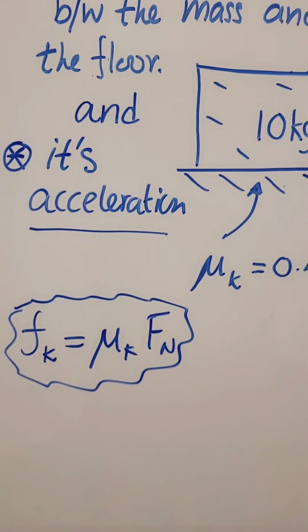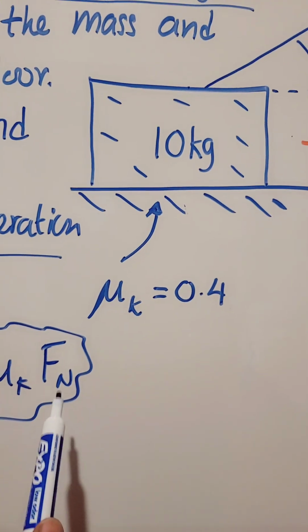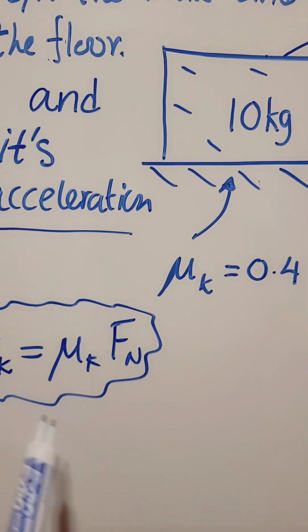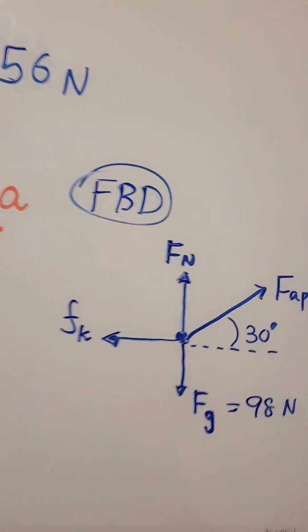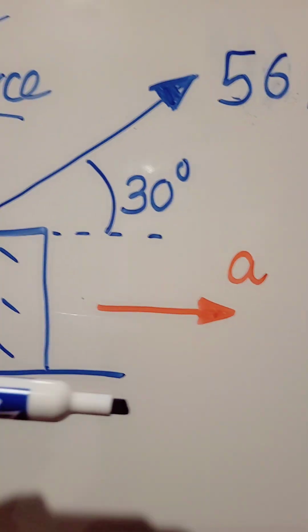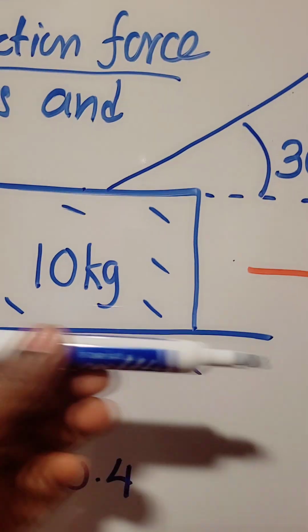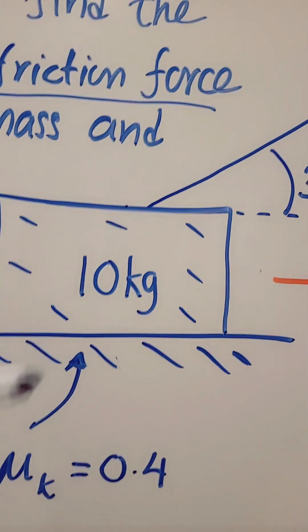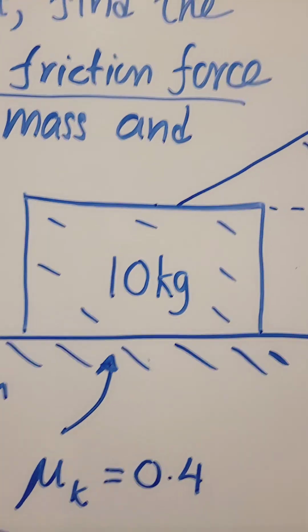Okay, so we know mu k, that's given. The only thing that we need to know to find f of k is Fn, the normal force. How do we find the normal force? Can you see the object is restricted, it's constrained to slide horizontally. So there's no motion in the upward or the downward direction.